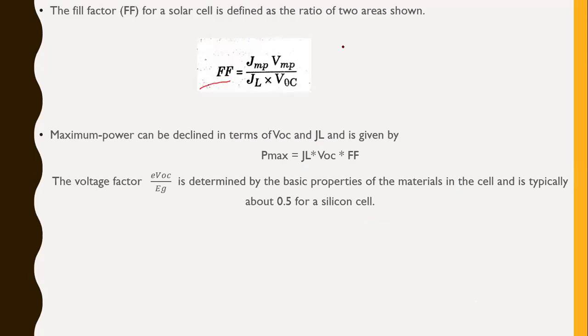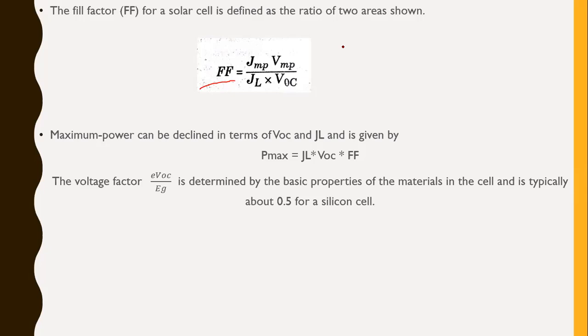For a solar cell, the fill factor is defined as the ratio of two areas shown. The first one is the JMP VMP area and the second one is the JL VOC area. If you divide these two areas, you get the ratio, which is called the fill factor.